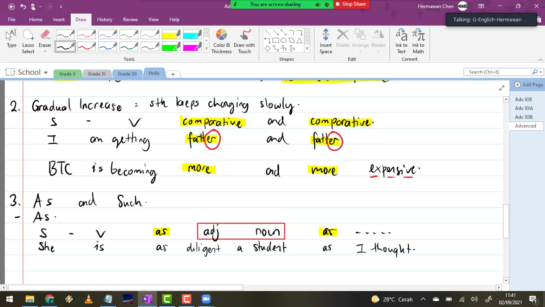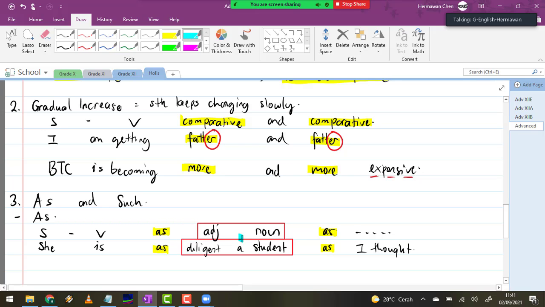I have an opinion that she is a diligent student, and in reality she is a diligent student, so it's the same as what I thought. Okay, have a look. This is the result: as diligent a student as I thought.